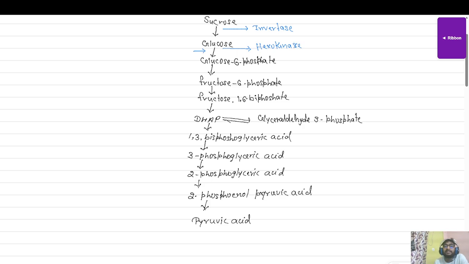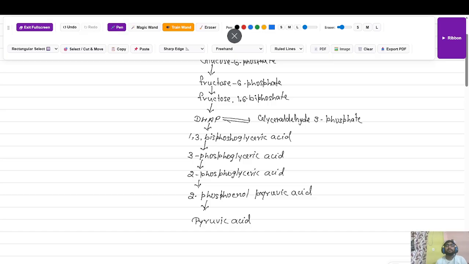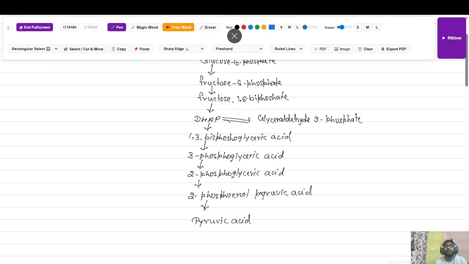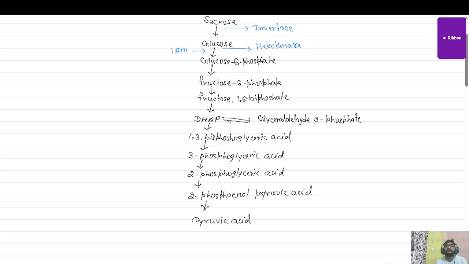Along with that, keep in mind that this is the step where one ATP will be utilized. How will this ATP be utilized? ATP will be converted to ADP with inorganic phosphate.